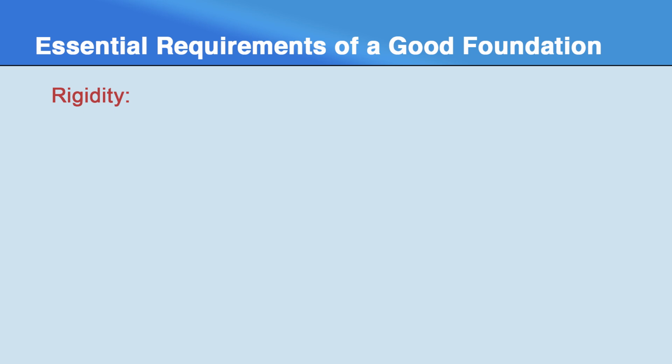Proper geotechnical investigation is crucial to understand the soil properties and bearing capacities using the appropriate foundation type. For example, shallow foundations like spread footings for lighter structures or deep foundations like piles for heavier loads ensure load sustainability. The next is rigidity.